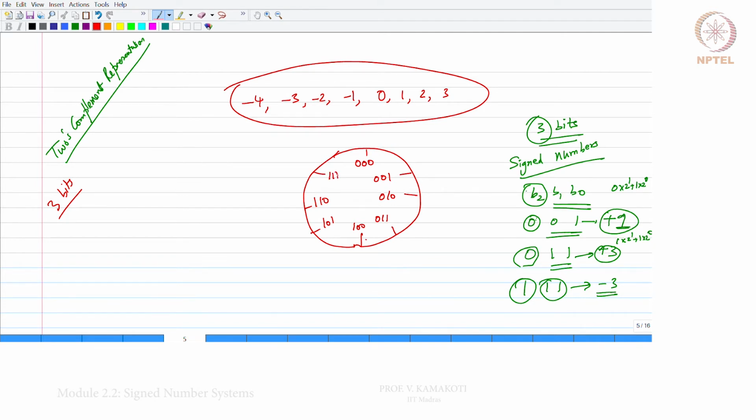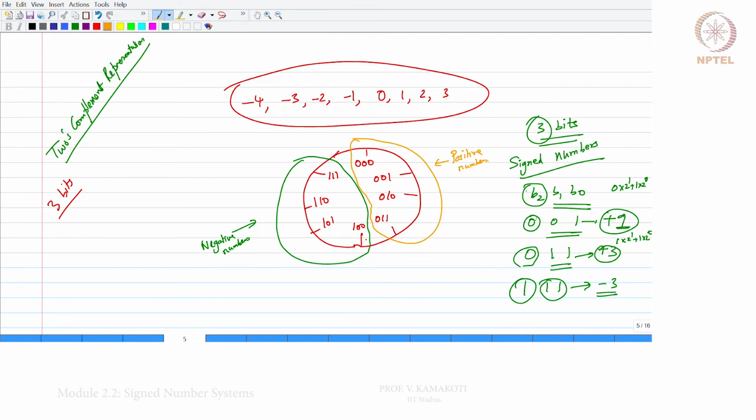And note that by our theory these 4 should represent negative numbers, because their first digit is 1, the most significant bit here is 1, while these should represent positive numbers.